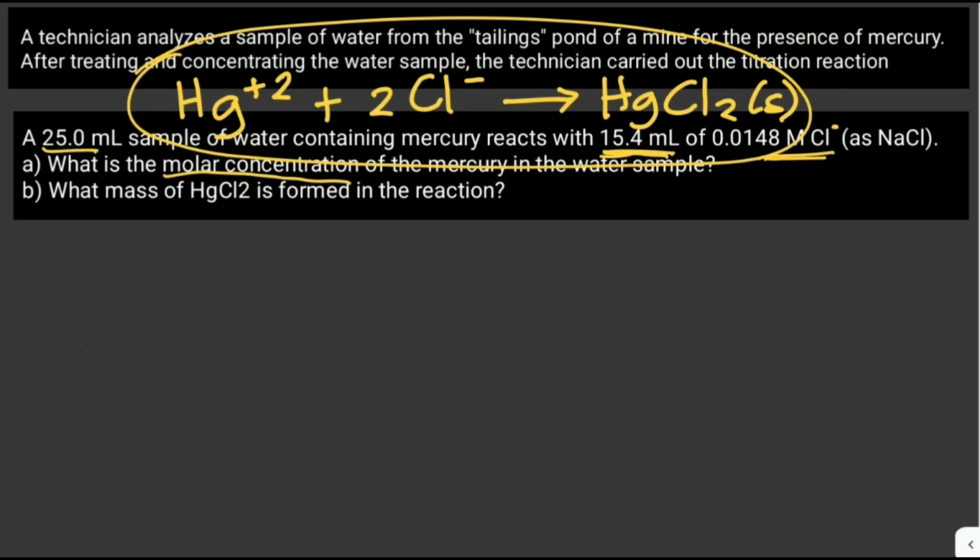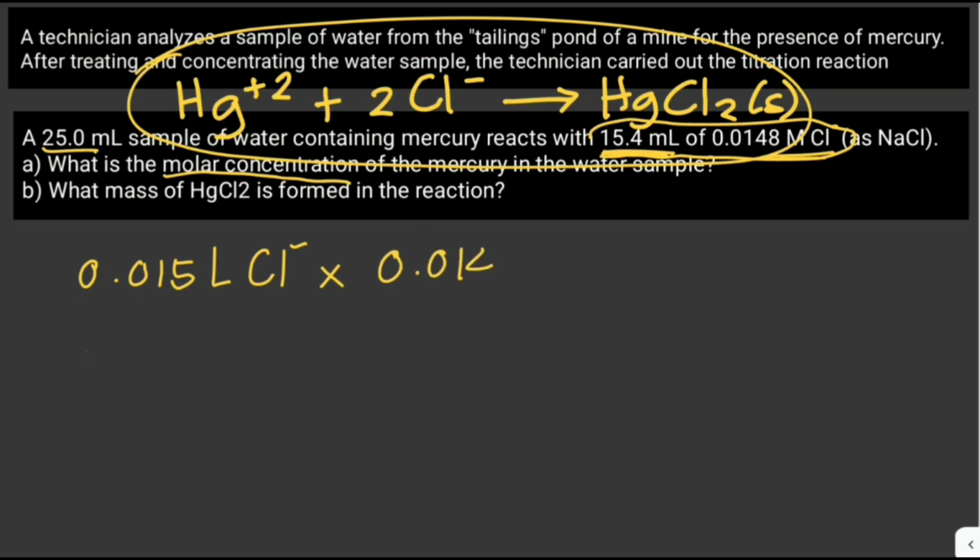Then we can get the mass of mercuric chloride in grams. So let's start with this one. That would be 0.0154 liter of chloride times its molarity, which is 0.0148 mole chloride per liter.